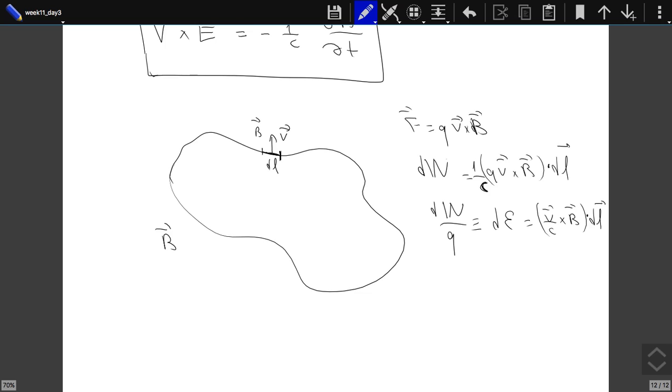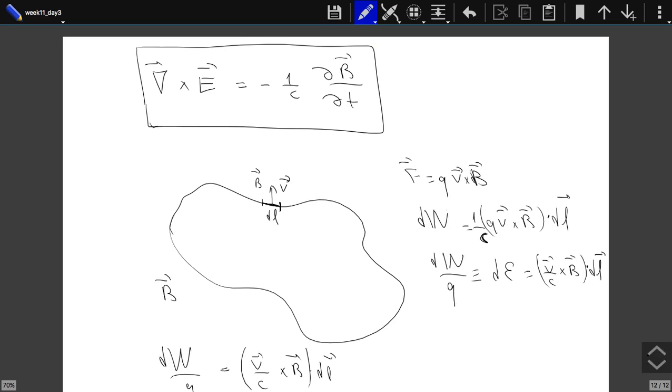Yes, it's a vector now. So dW by Q is equal to V over c cross B dot dl.